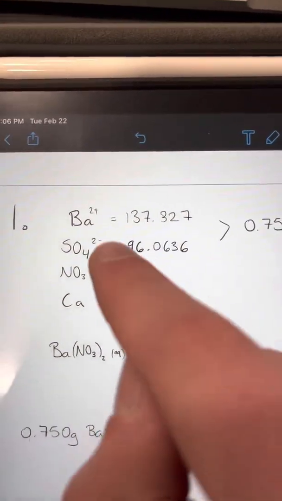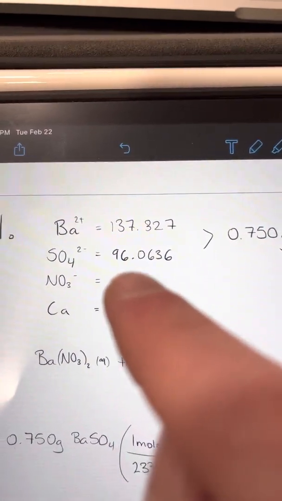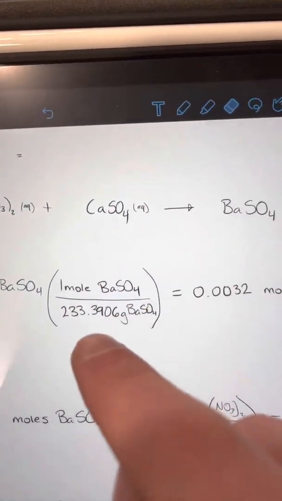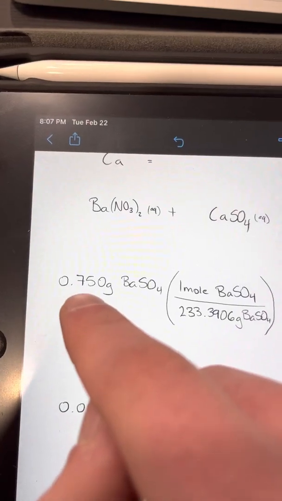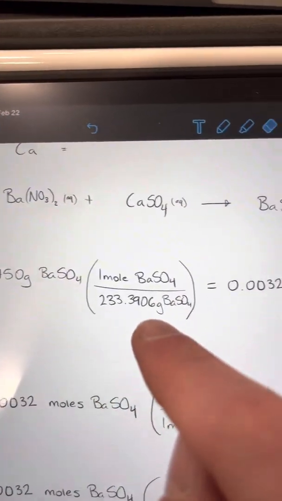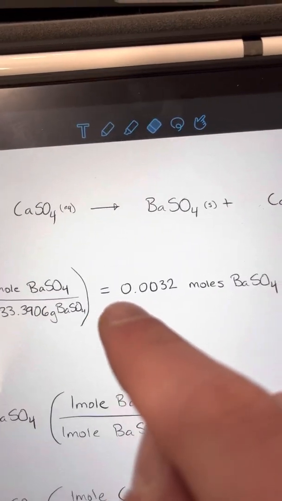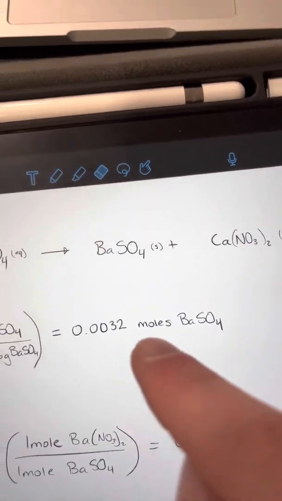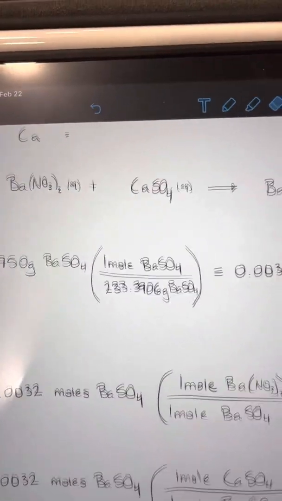We find that by taking the molecular weight of barium and the molecular weight of sulfate and adding those together, that gives us 233. Then we just divide 0.75 by the molecular weight of barium sulfate. That gives us the moles, which is 0.0032 moles of barium sulfate, for every 0.75 grams.